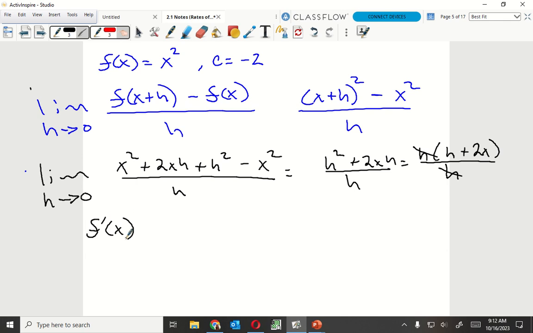If this is the function, f prime is going to be the equation of the slope of f. That's what that means. So as I plug in 0 there, I'm going to get 0 plus 2x, which is just 2x.